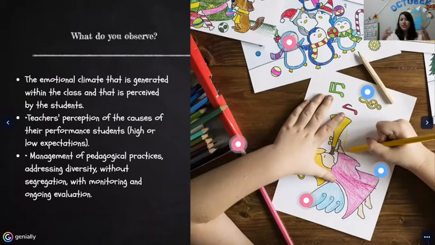Second, teachers' perception of the causes of student performance, high or low expectations. And number three, management of pedagogical practices addressing diversity without segregation, with monitoring and ongoing evaluation.